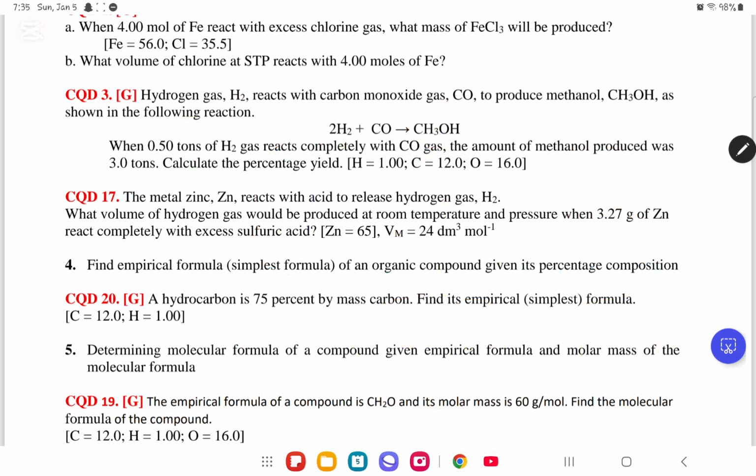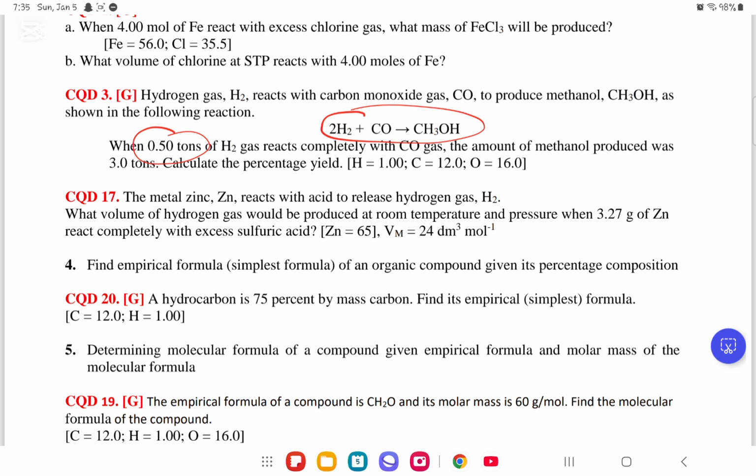So of course, if you have an easier way to do it, please do it. I would prefer you do it. But my way of doing it, I'm going to repeat one more time. They gave us the balanced equation. They gave us the mass of H2 that was used. So we can find the number of moles of H2 that was used.